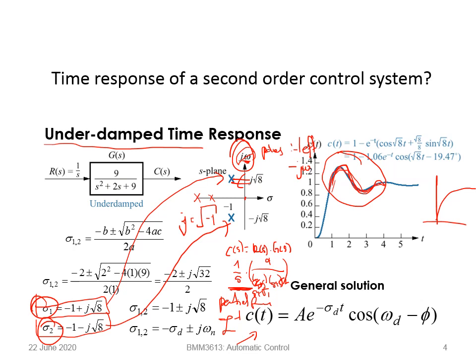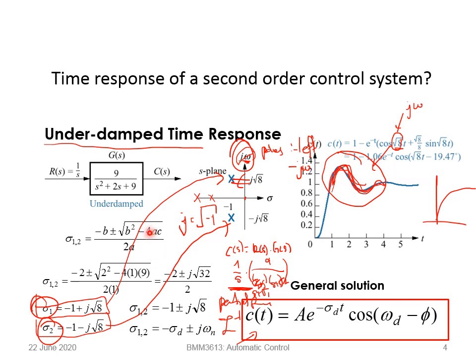If we look here, we have cosine of square root of 8 t. The square root of 8 is the j omega term. This term is what gives us this particular undulation. So now you know what we can use as properties in the coming exercises.